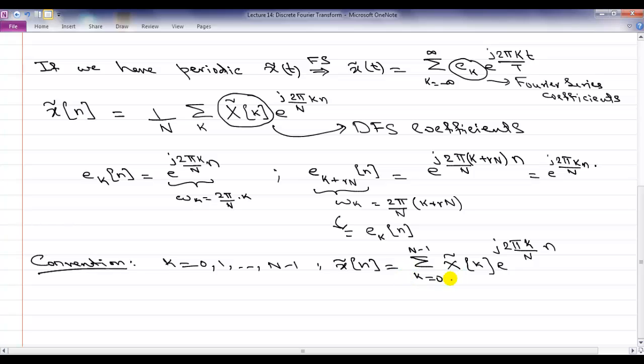But I want to be very clear that it doesn't matter which summation I pick, as long as I take a summation of n contiguous integers. Okay? So according to the discrete Fourier series, I can write my x tilde of n as 1 over n summation k equal to 0 to n minus 1 x tilde of k W n minus kn. The question is, what are these Fourier series coefficients?